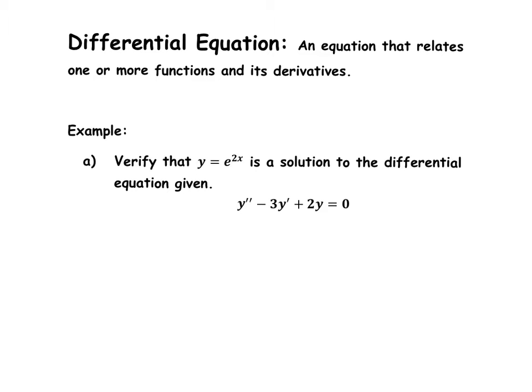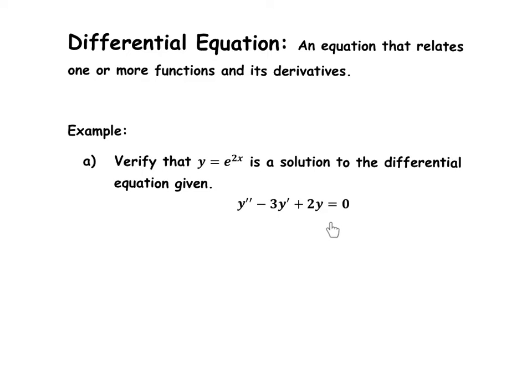Okay, a differential equation is an equation that relates one or more functions and its derivatives. An example below here would be y double prime minus 3y prime plus 2y is equal to 0.